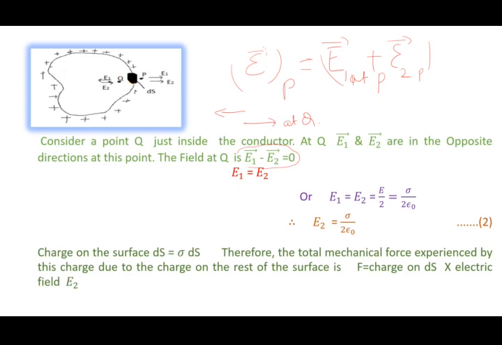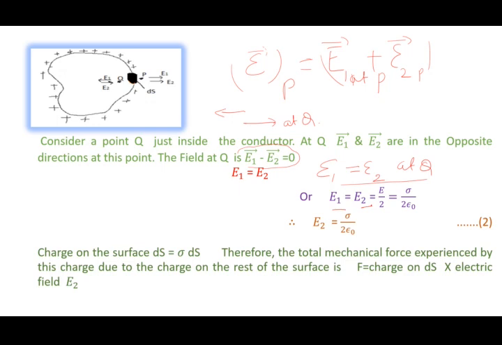If you consider just magnitude, E1 is equal to E2. This happens at Q. Be careful, this happens at Q. I am not saying that this happens at P also, although it is the case. Now, at Q, E1 is equal to E2.